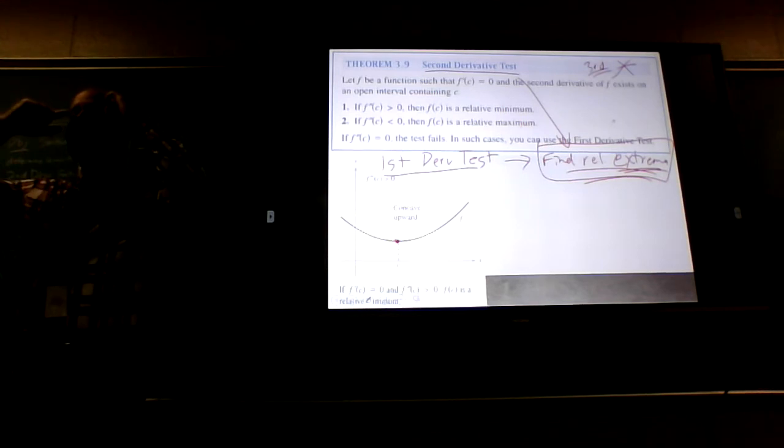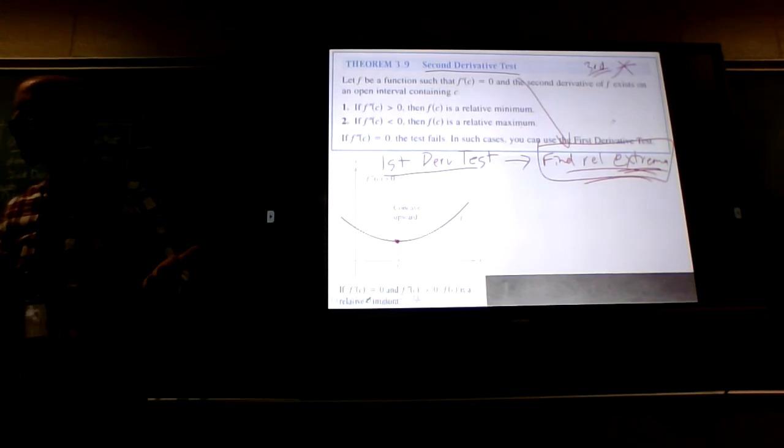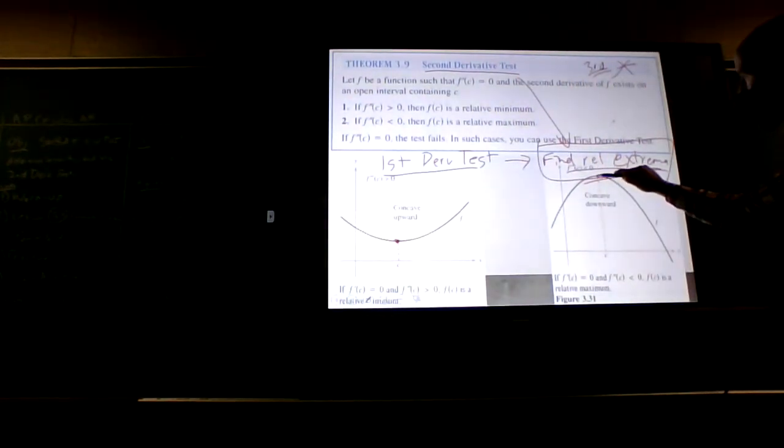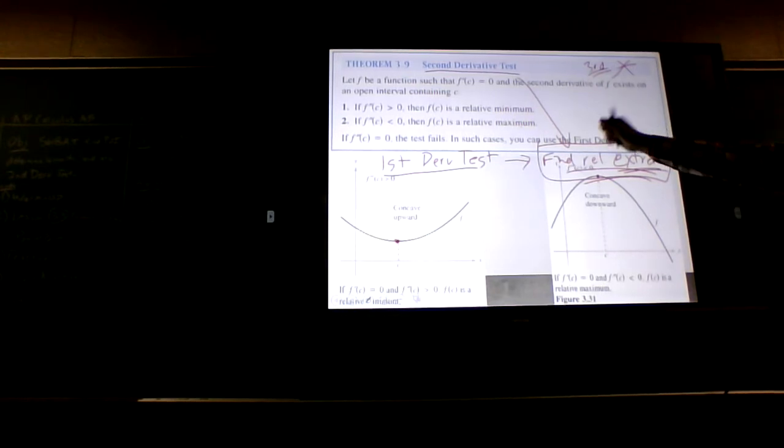In your mind, try to think of the lowest point on a curve. What's the concavity going to be there? It's going to be concave up. Similarly, but differently, what do we call this guy right here? That's a relative max. What's the concavity there? Down. Those are the facts that this theorem uses.